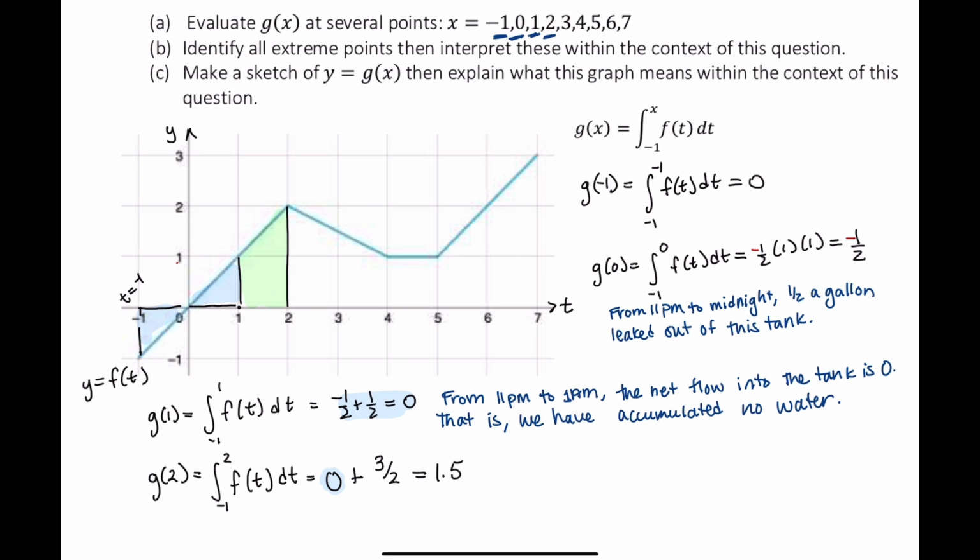Now, what does this integral tell me? From 11 p.m. to 2 a.m., the net flow into the tank is 1.5 gallons of water. And in other words, we've accumulated 1.5 gallons of water.